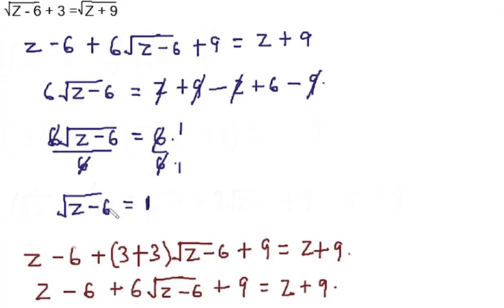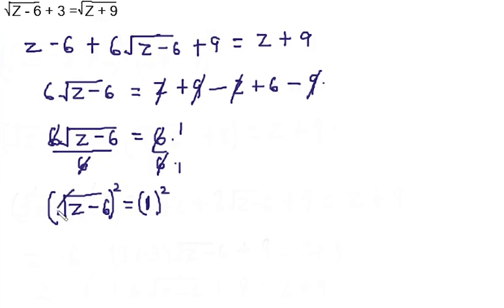So to further simplify this radical, I still need to take the square of both sides. So the square of this side is equal to the square of this side. From here, the square root cancels out the square. So this is z minus 6. And then this is equal to square of 1 is 1. So moving 6 over to the other side, I have z is equal to 1. Moving 6 over to the other side, the negative becomes positive.